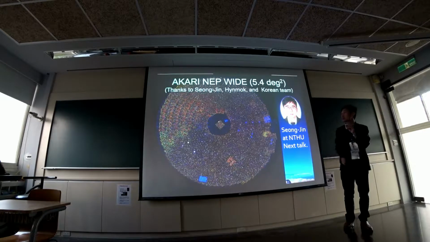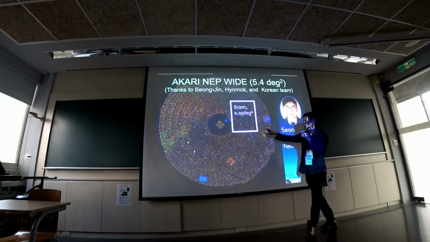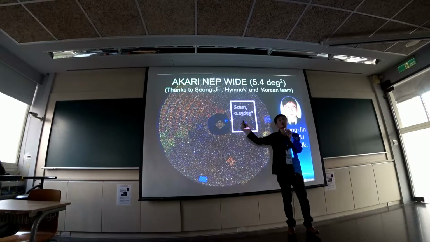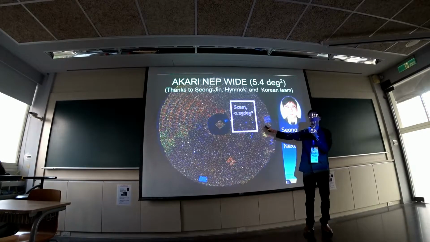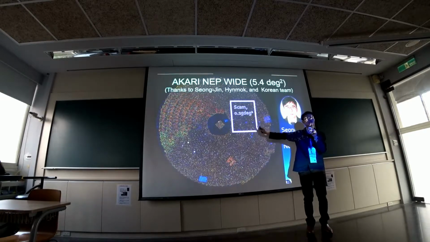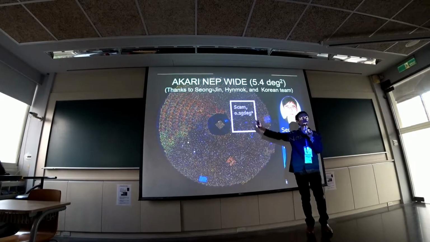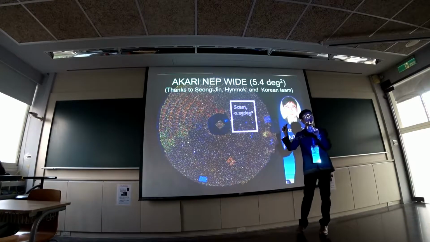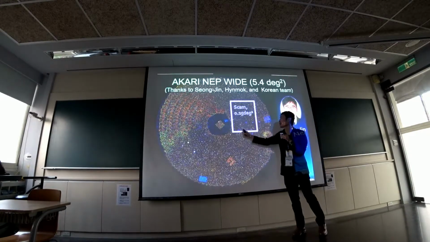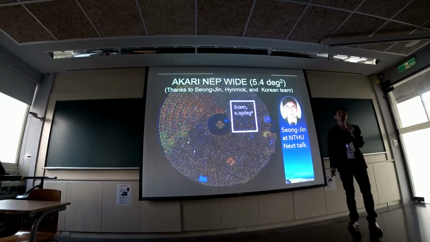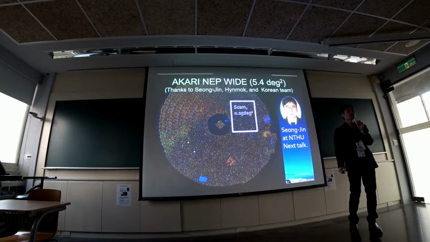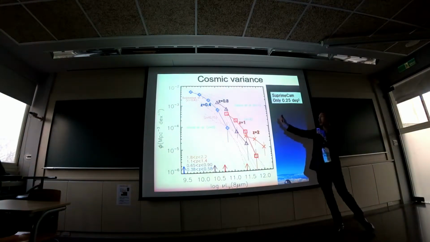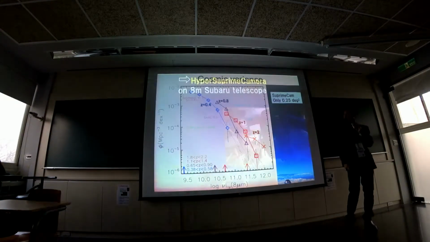It's a very large area. But our previous work was only using this 0.25 square degree area because we had deep optical data only in this region. This is one field of view of the Suprime-Cam, which is not a small field, but 5.4 square degrees was just too big to cover with an 8-meter telescope. So that's why our measurement suffered from cosmic variance.